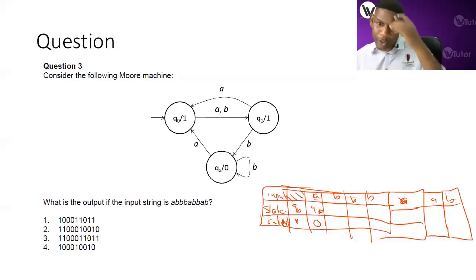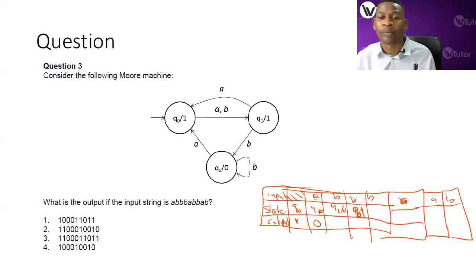Right. Now, Q1 with a B goes to Q2. Q2 with a B, you go to A. You go to Q0. Oh, we've got Q1.